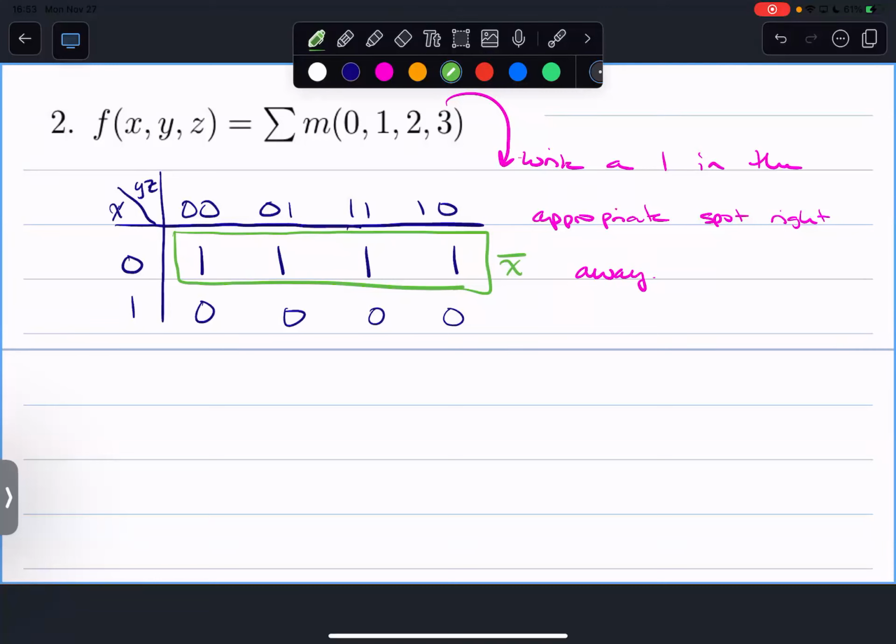Doesn't care what y is doing, right? Y is off, y is off, y is on, y is on. Z is off, Z is on, Z is on, Z is off, doesn't matter. All of these are summarized by x being off. So f of x, y, z is x is off.